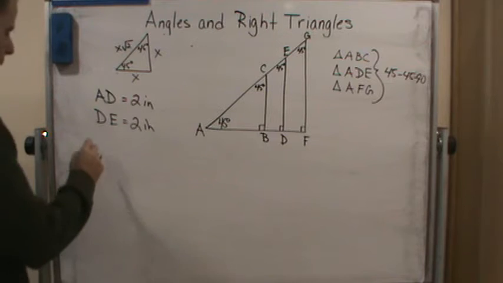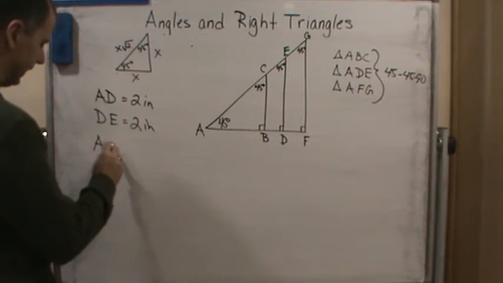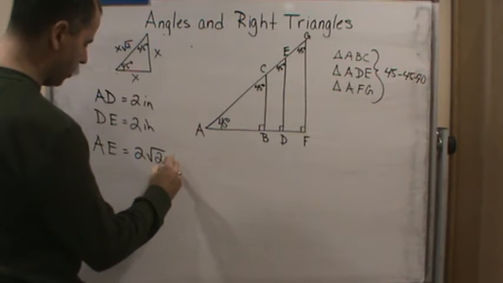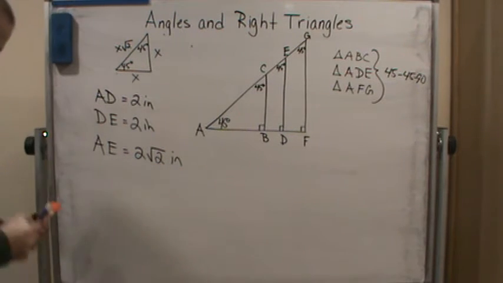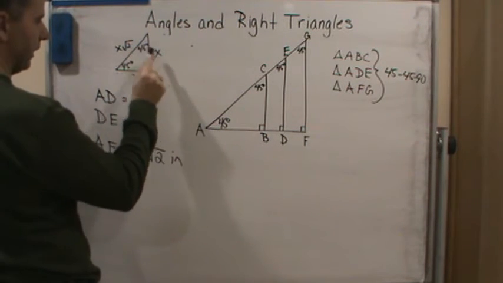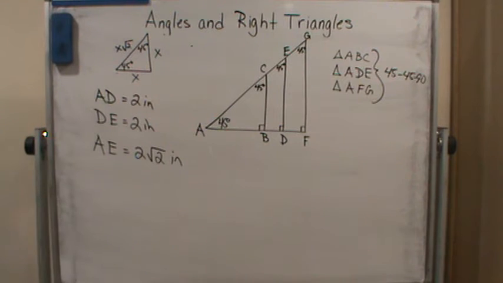Also, we know that AE is equal to 2 times the square root of 2 inches, right? Because whatever I put here as x, I have to put here and here. Okay?